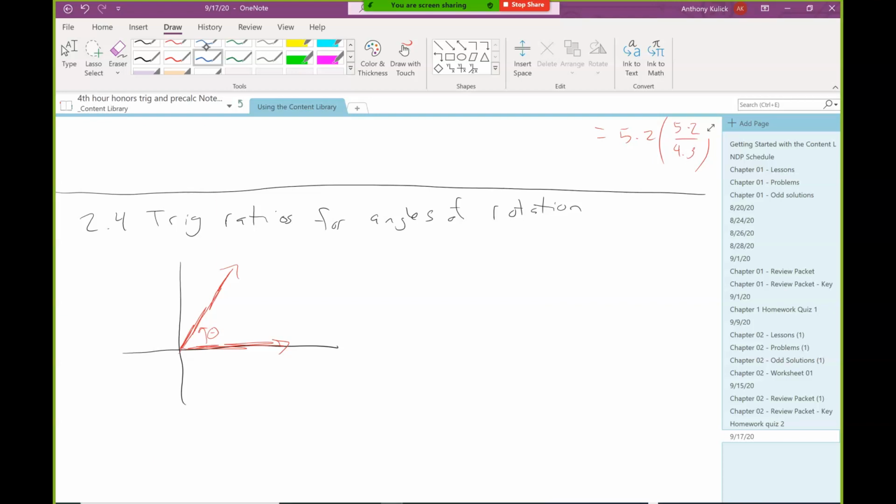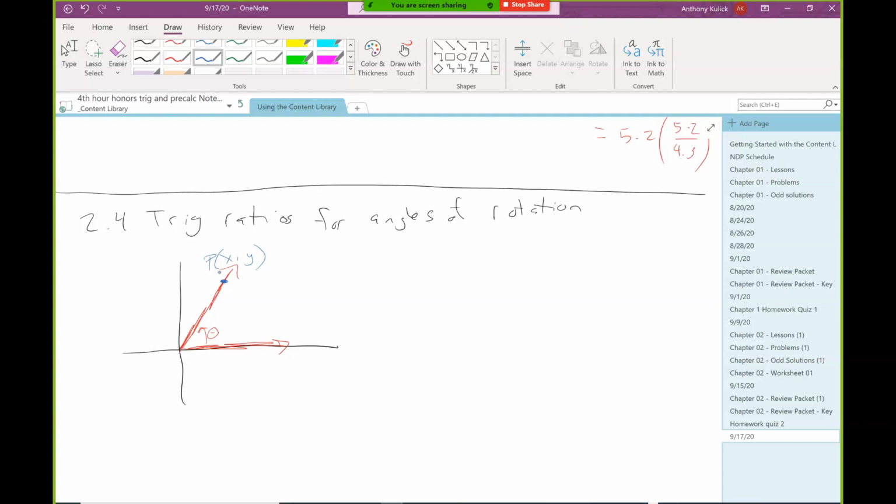So to do that, I'm just going to pick some point on the terminal side of my angle. I'm going to call that point P, and I'm going to give it the coordinates x, y. So P is any point on the terminal side of that angle. Everybody's okay there?